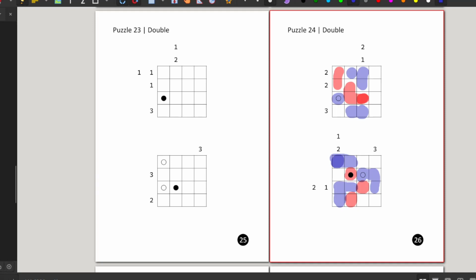Okay. Oh, right. This, of course, is red. Okay, the blue path. And of course, I can fill in these horizontal twos. Ah, right, and this.